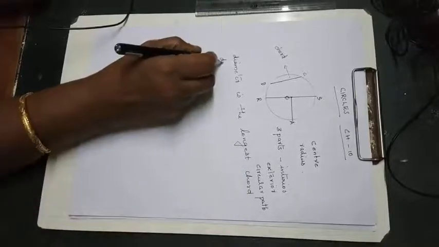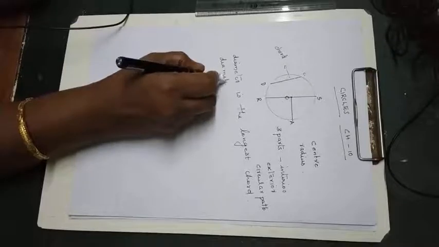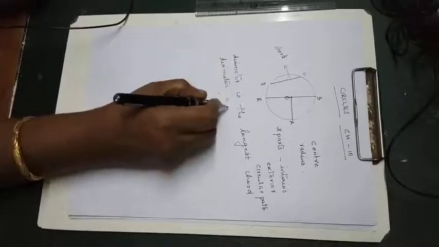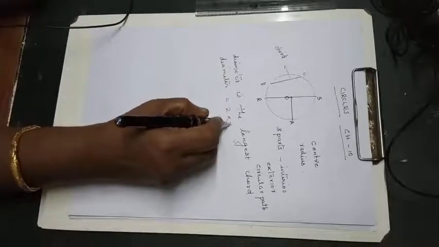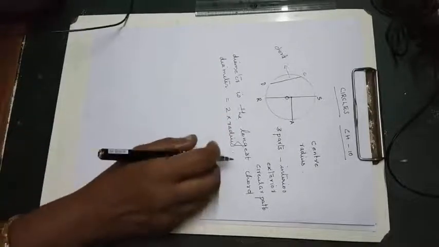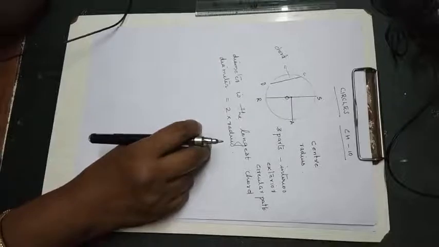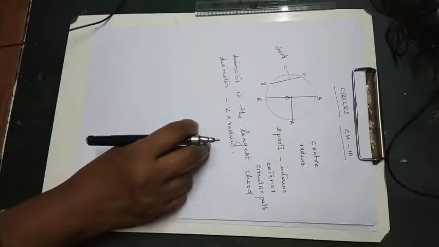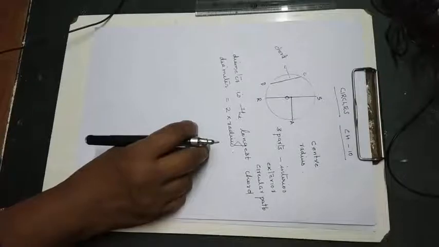The diameter is equal to 2 times the radius, double the radius. How many diameters can you draw to a circle? Like radii, you can draw many diameters to a circle.